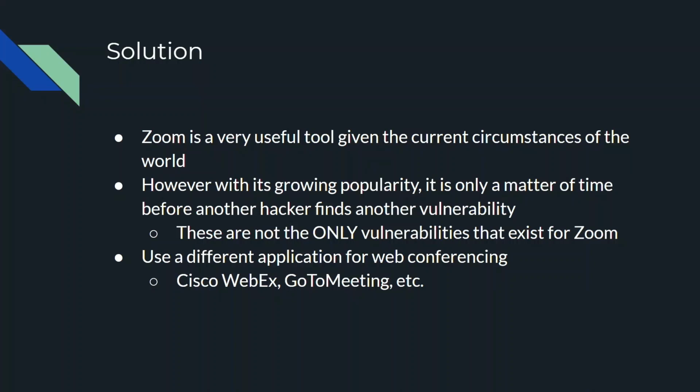We saw this with our experiment: we found the vulnerability and then a day later somebody patched it. I feel like the hackers are racing to find a new vulnerability before it gets patched. And these are actually not the only vulnerabilities that exist.